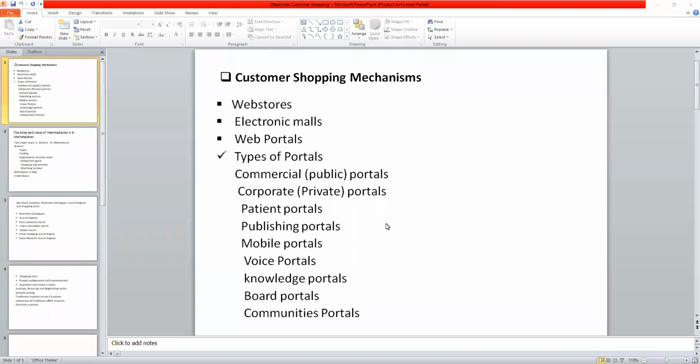Now, some of the companies refer to their web stores as web portals also. If you take an example of Dell, Dell has its own website. Almost all of the companies today have their own websites. So the customer can directly enter the web store and look out for the different portfolio of offerings on the company websites itself.